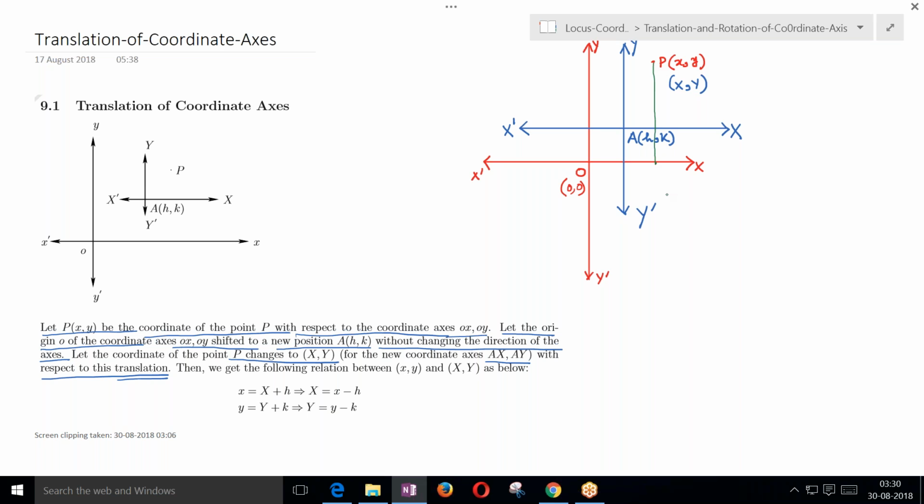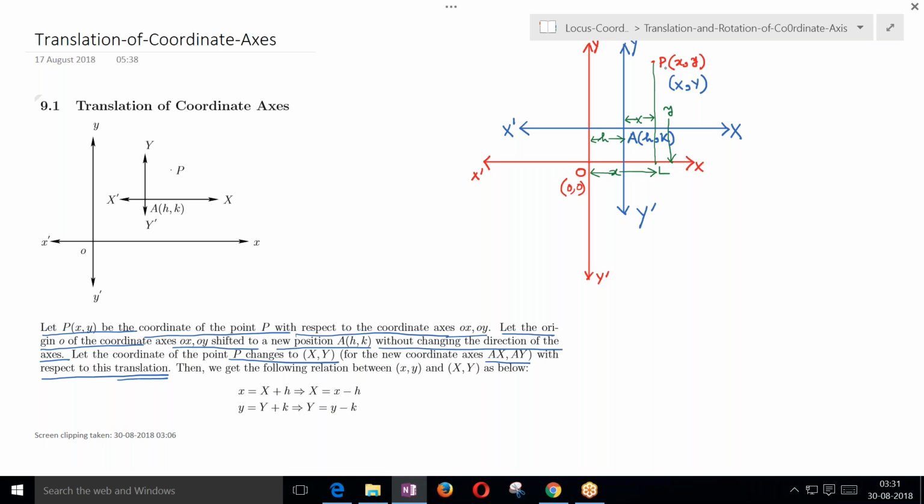suppose we give this line the name L. Then, according to our understanding of the coordinate system, this becomes x, and this is h because that is the coordinate of the point. With the new coordinate system, this is capital X, and in the old coordinate system, this is y.